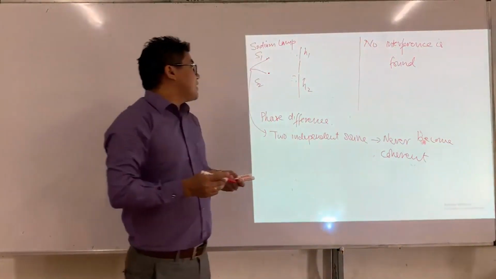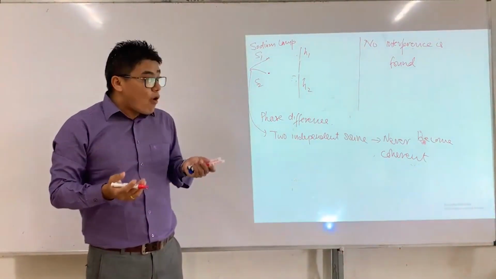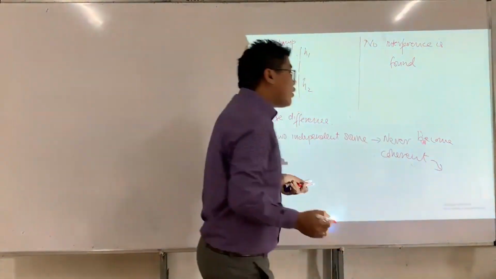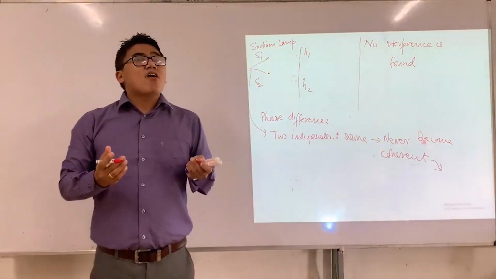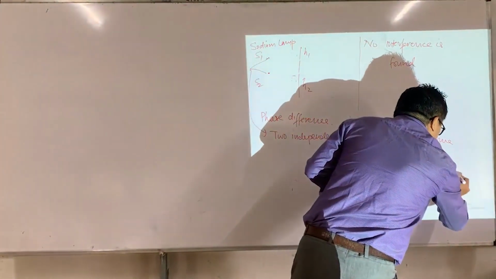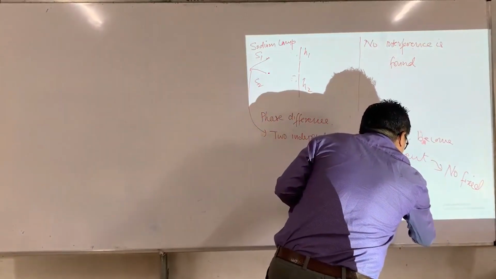So this tells us that two independent sources never become coherent sources because the phase difference doesn't remain constant. There is no fixed phase difference.